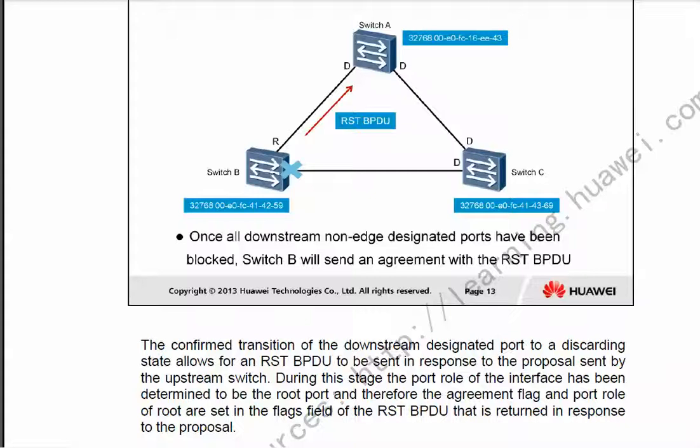When it does that, it basically replies to switch A to say, okay, I agree, you are the root. Also, I put this port into the root role. And when switch A receives that, it says, okay, this switch already agrees I'm the root. So it will put this designated port into forwarding, before it was discarding.